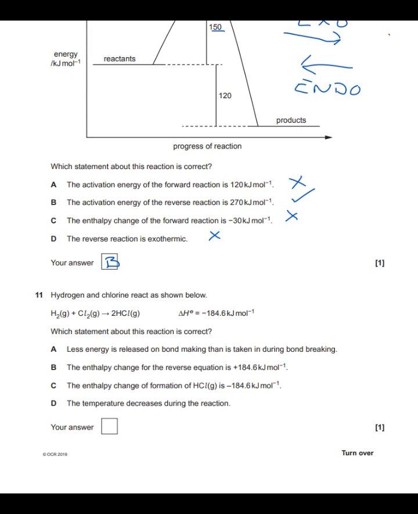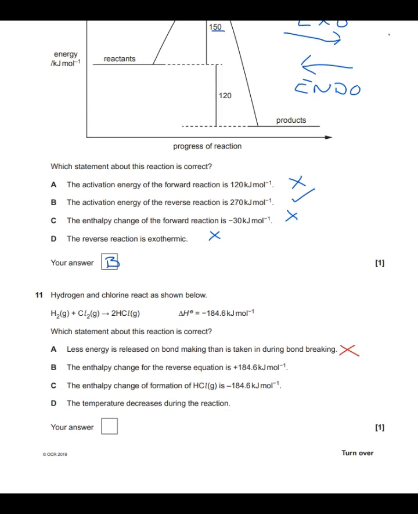In this playlist, first up, hydrogen and chlorine react as shown below. We've got a balanced equation. We've got delta H is -184.6 kilojoules per mole. Which statement about this reaction is correct? So 3 of them are going to be false, 1 of them is going to be correct. So less energy is released on bond making than is taken in during bond breaking.